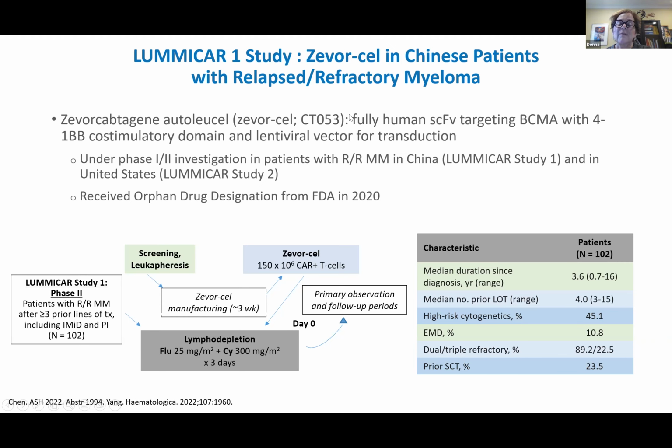That's where cilta-cel came from, and the Chinese study, again, is the same type of design, people who've had at least 3 lines of treatment, but in China, not everyone gets a CD38 antibody, and it was 22% that were triple refractory.